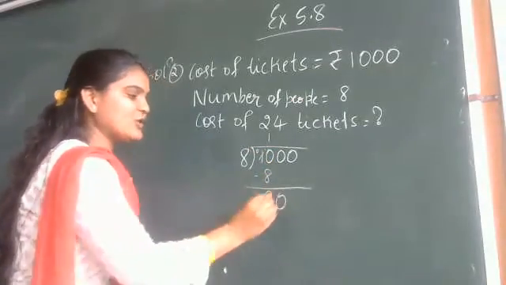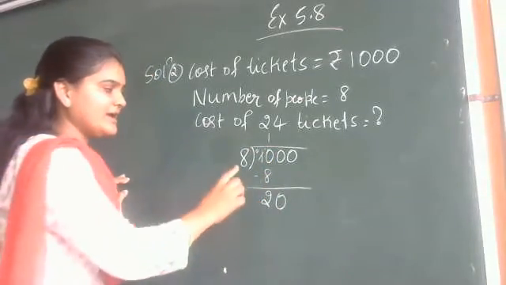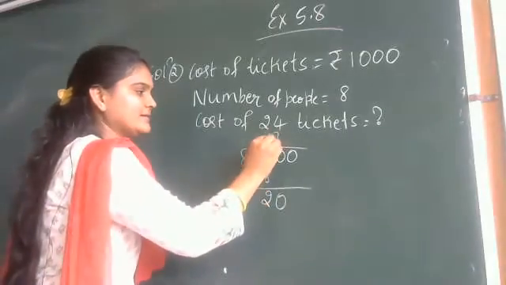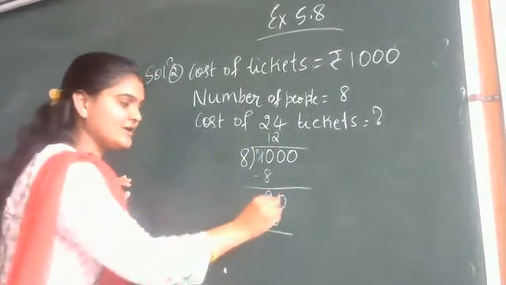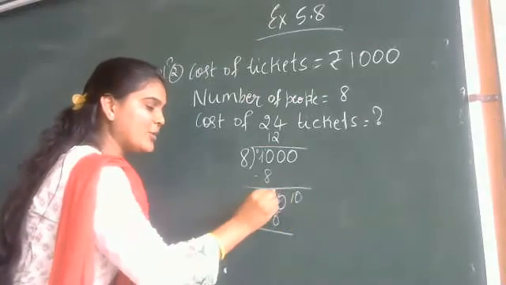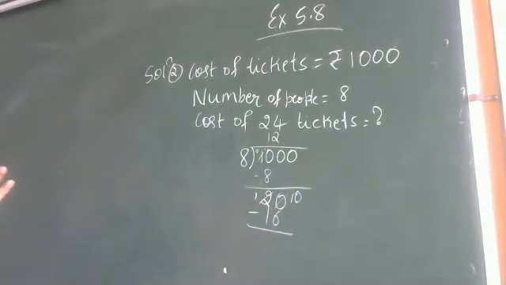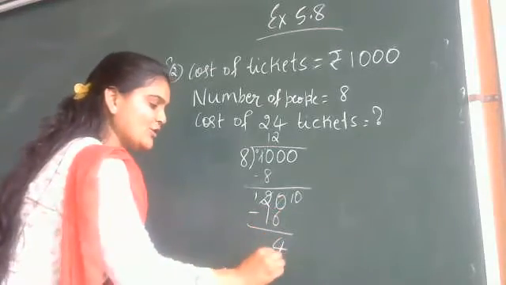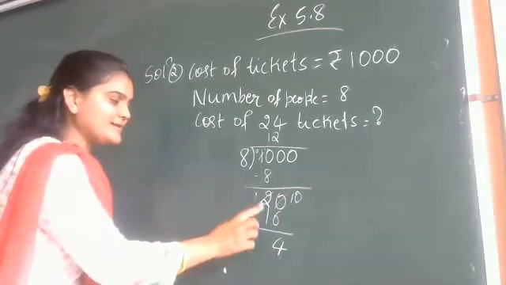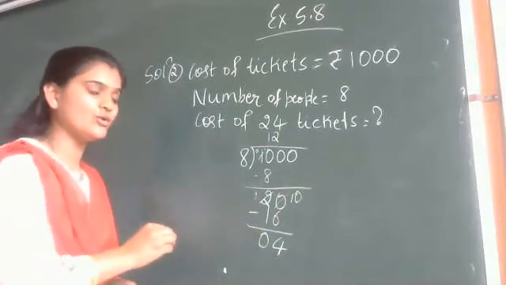Next, 0 is brought down. 8 twos are 16. So here it will be a borrow from the neighboring number, that is 2. So it will be 10 minus 6 as 4. 1 minus 1 is 0.